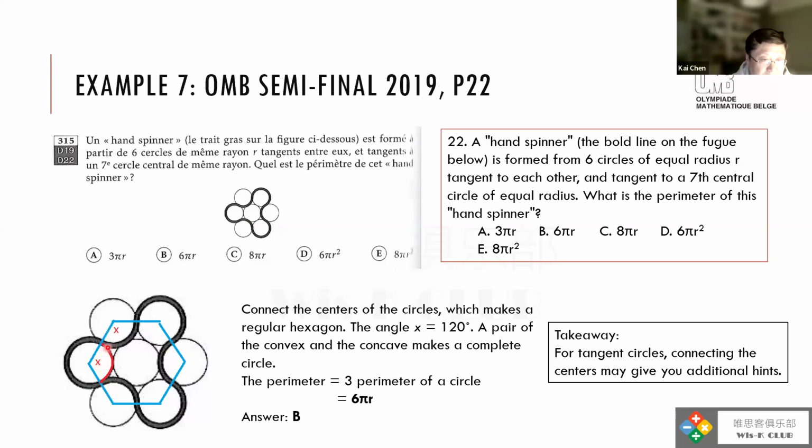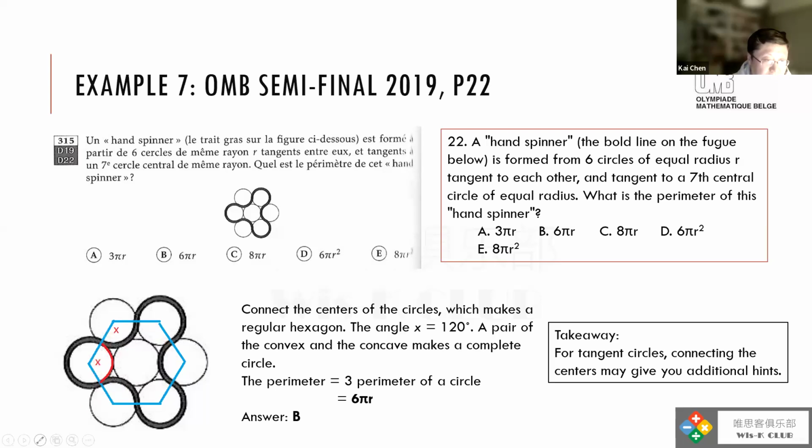Because they are symmetric, the inner angle of a regular hexagon is 120. The x is 120, and also for this one is 120, because that's also the interior angle of a regular hexagon.